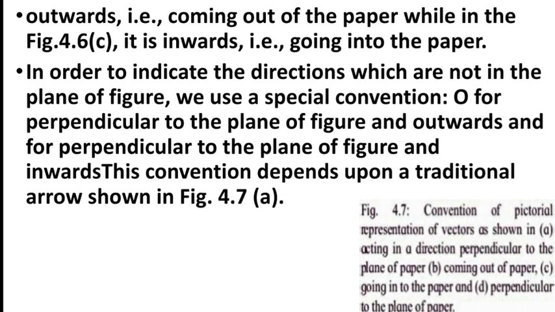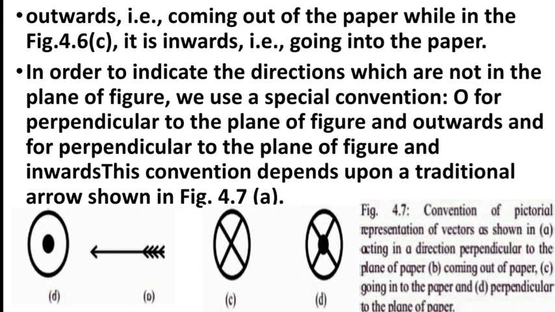The pictorial representation of vectors is shown in A, acting in direction perpendicular to the plane of paper, coming out of paper; C, going into the paper; and D, perpendicular to the plane of paper, as shown in these four figures A, B, C, D.